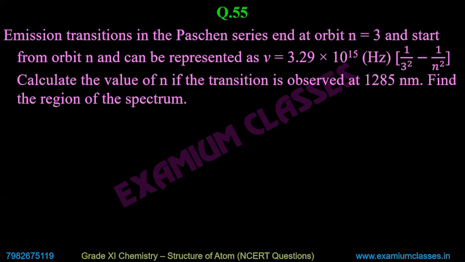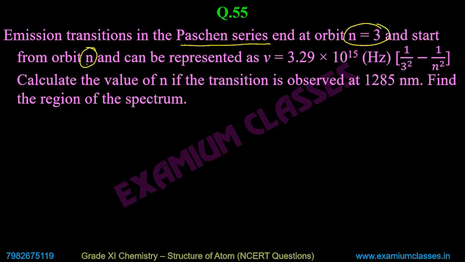Next question. Emission transition in Paschen series and at orbit n equals 3. Even if it is not written, you know that in the Paschen series, the transitions fall on n equals 3 from any higher state, from any higher orbit, and start from any orbit n.